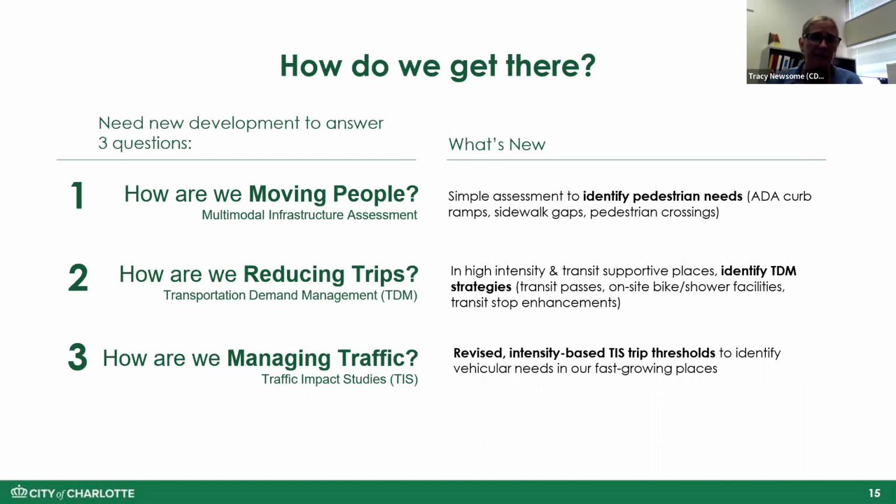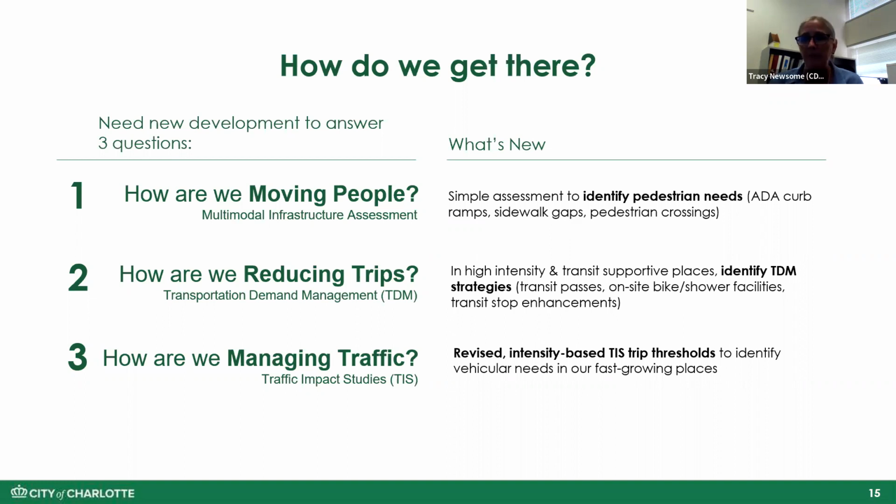The second level of assessment in the CTR is transportation demand management level plan. That applies only in the higher intensity and the transit supportive places, because those are the places where we're looking for an opportunity to take advantage of the mix of uses, the fact that there's good transit service, and the high intensity and high density locations to actually provide strategies and employ strategies that will encourage people to choose not to use a single occupant vehicle.